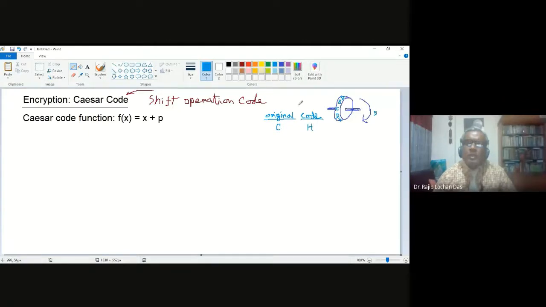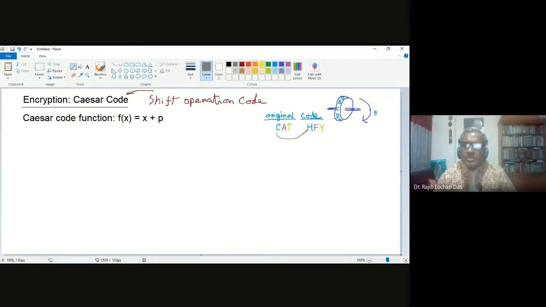And if you have another example, say A, then we have B, C, D, E, F. So it will be F. And if you have the original letter T, it will be U, V, W, X, Y. Every letter is being shifted 5 times.